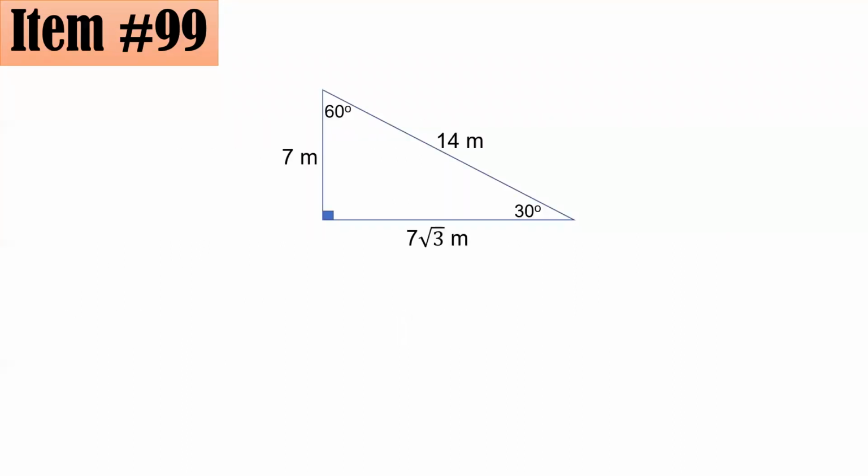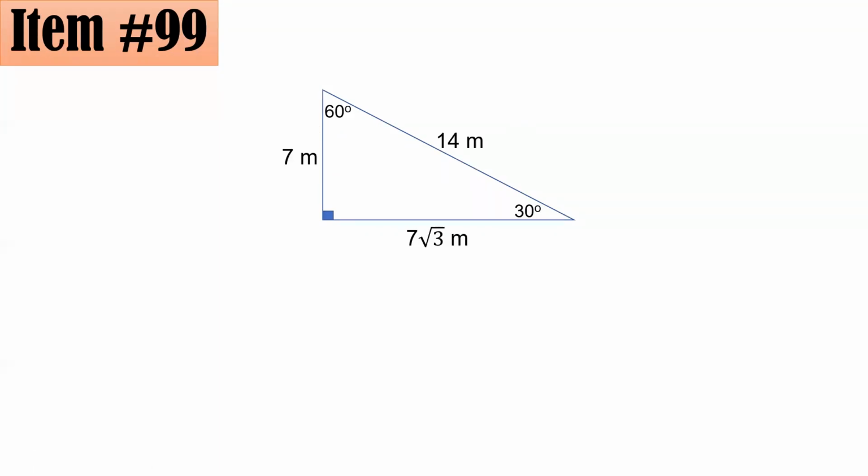Tignan natin. Take note, yung side opposite ng ating right angle ay 14 meters. It is actually a theorem that states that the side opposite of the 30-degree angle is 1/2 of your hypotenuse. That's why 14 divided by 2 will give you 7 meters here.